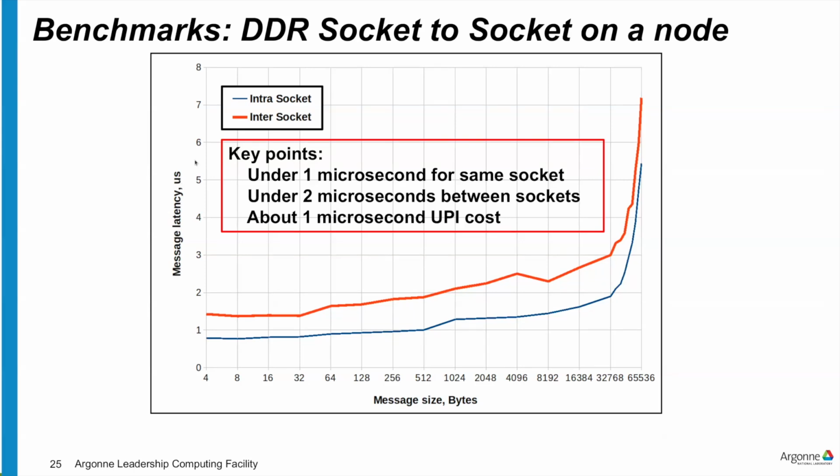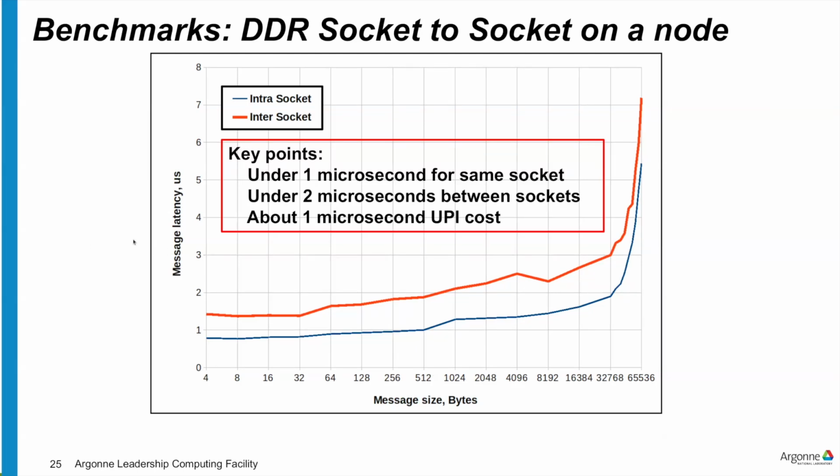So this benchmark shows you the approximate difference for the cost of a UPI bus. If you access the memory located on a different socket, then you will be using the UPI bus, and there would be a few atomic operations involved of making synchronization between the sockets.